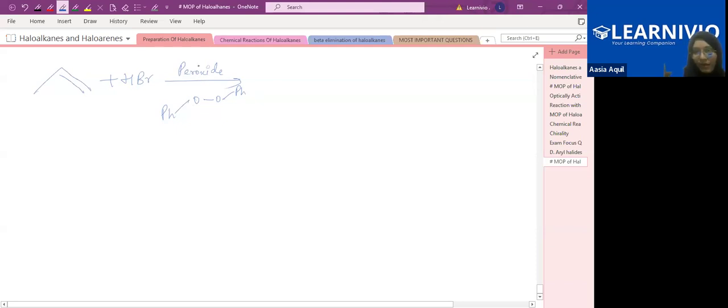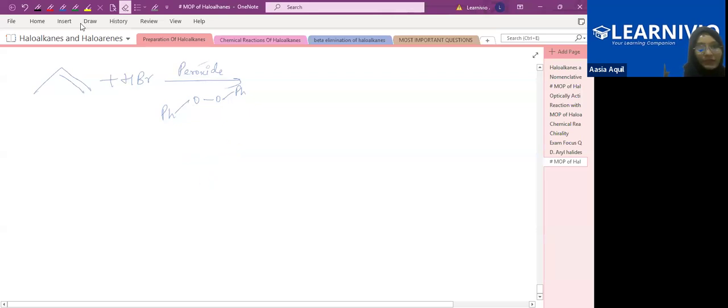If you see peroxide or any helper, like H nu or electricity or any radicals written with this reagent, you will follow the anti-Markovnikov addition.